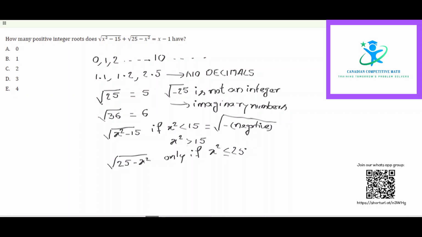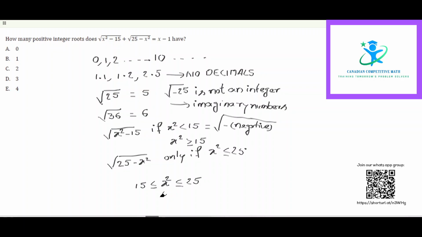So for the first square root to be a non-imaginary number, we should have x squared at least 15, and for the second square root to be a non-imaginary number, x squared should be at most 25. So what does it mean? It means 15 is less than or equal to x squared is less than or equal to 25.